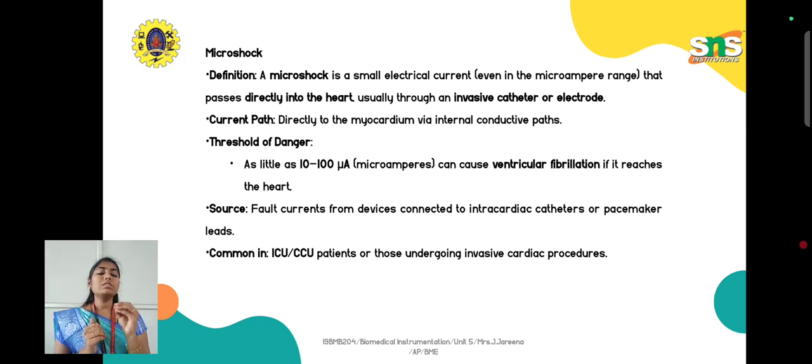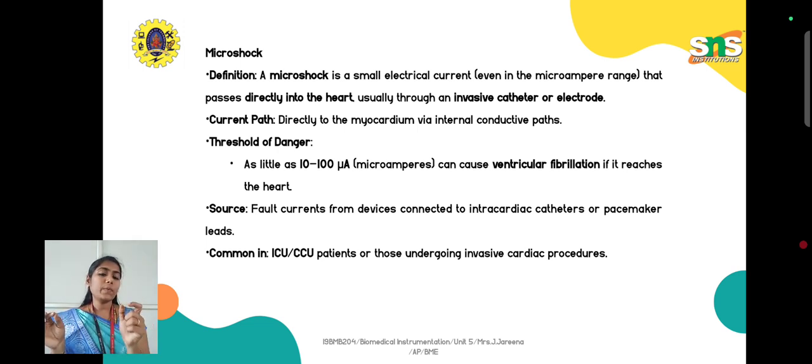The threshold of danger for this sort of microshock is 10 to 100 microamperes. Whereas in the case of macroshock, the range is in milliamperes, here in microshock the range is very minimal, microamperes.